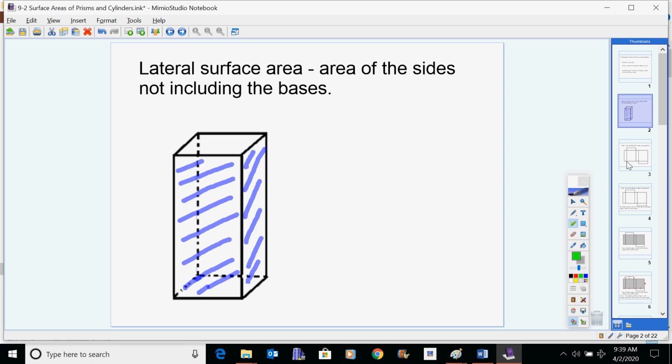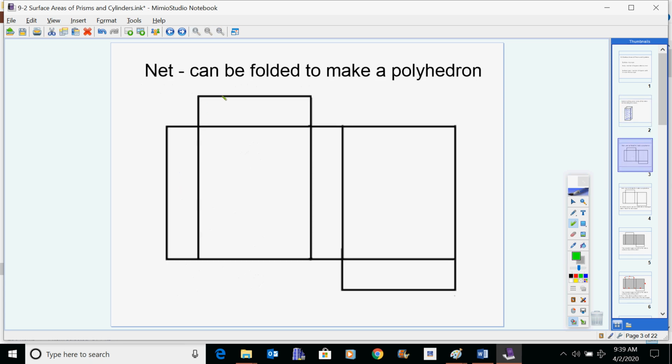So here's where the cereal box comes in, because I want you to see where the formula comes from for finding the lateral surface area. If you unfold your cereal box, it would look something like this. If you want to, you can take a pair of scissors and cut along the side, so you open it up and open up the flap on the top and on the bottom.